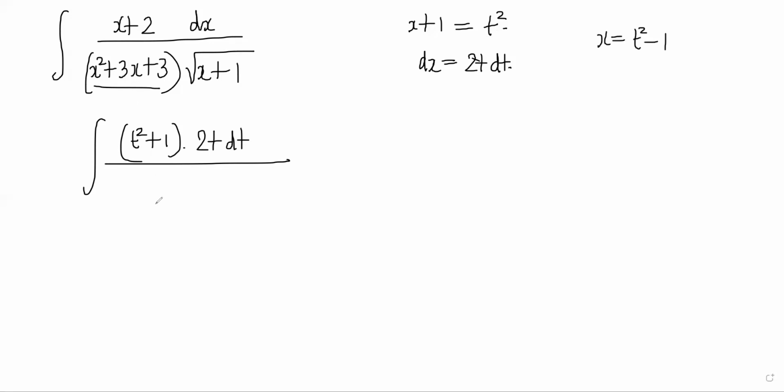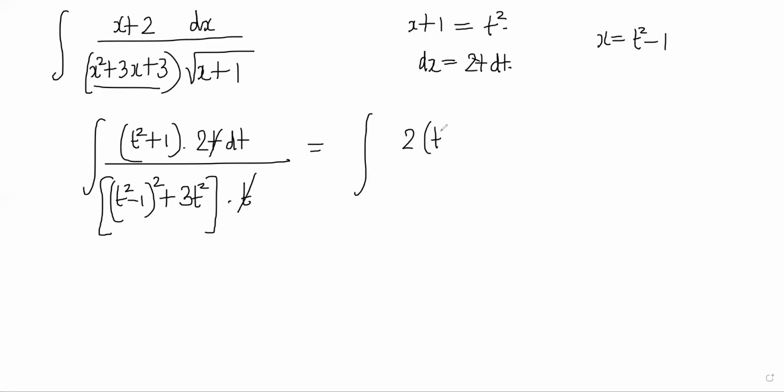So x square is (t square minus 1) whole square plus 3 times (x plus 1), which is t square, right? And the root part becomes t, so this cancels this. We get 2 times (t square plus 1) dt divided by (t square minus 1) whole square plus 3t square, right?